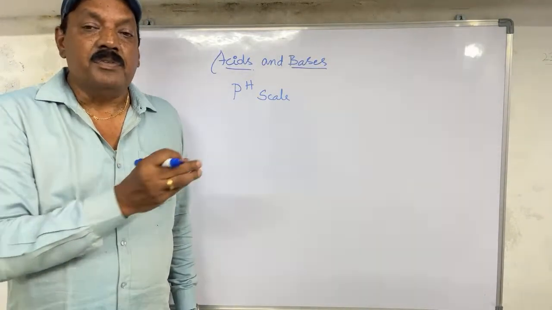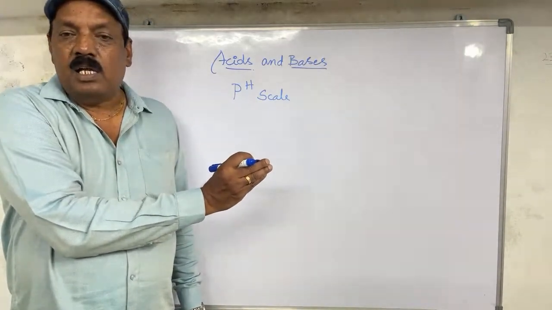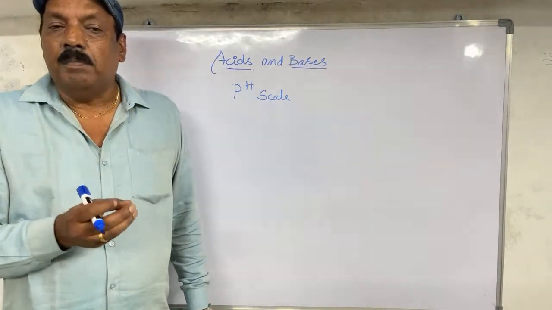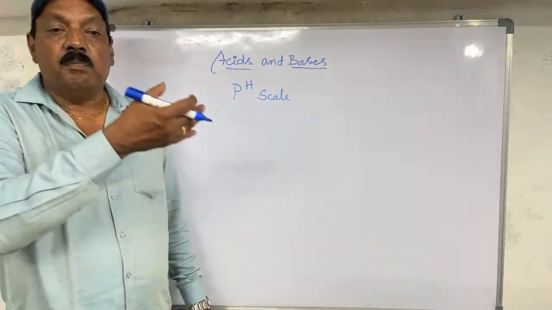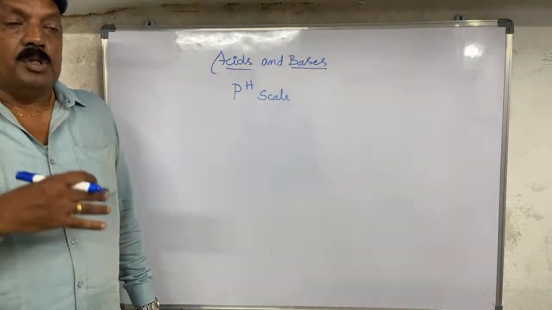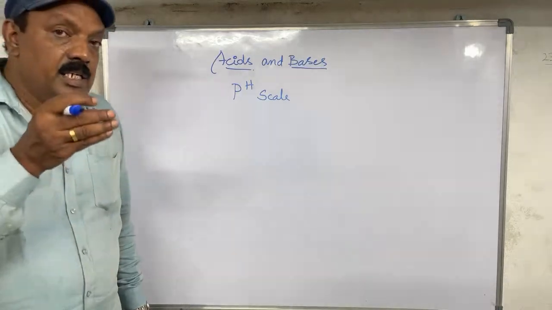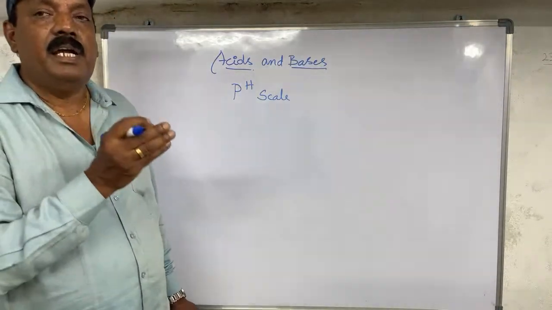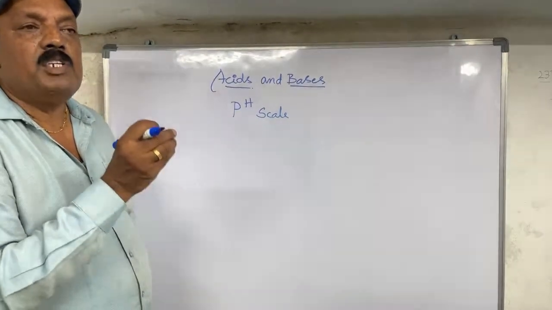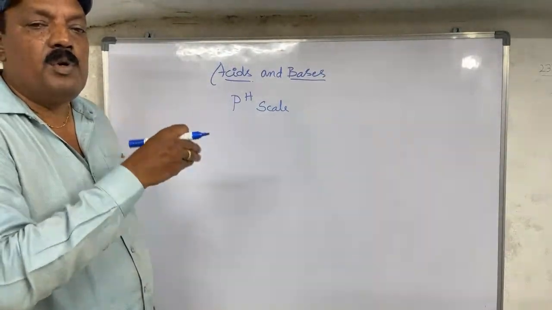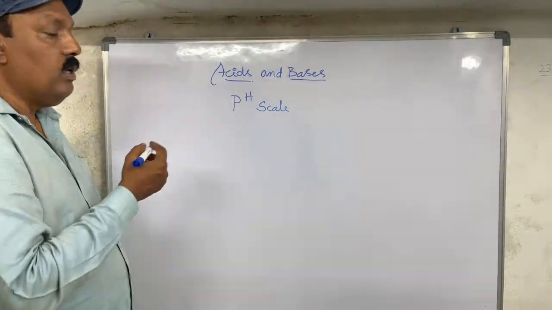It shows this is a strong acid because so many hydrogen ions are there, this is a weak acid, this is a strong base, this is a weak base. That is called the pH scale.